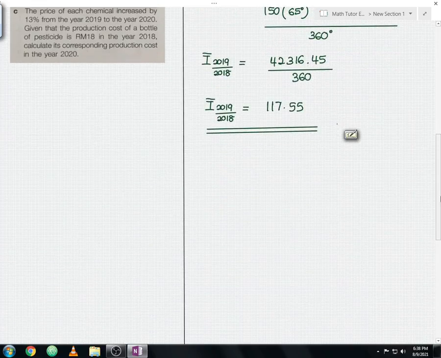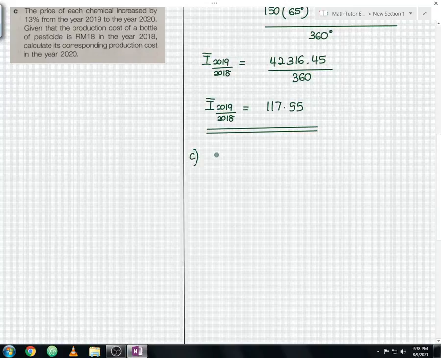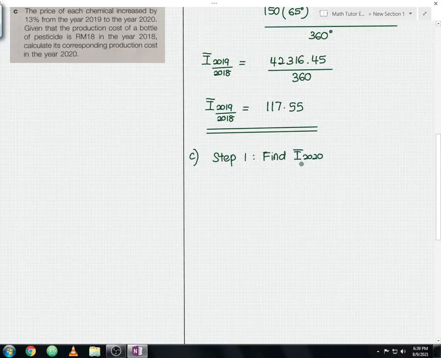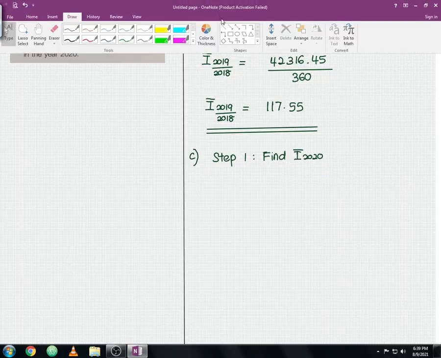Let us begin our working. Let me write the step here. Step 1: find the composite index of the year 2020 based on the year 2019.